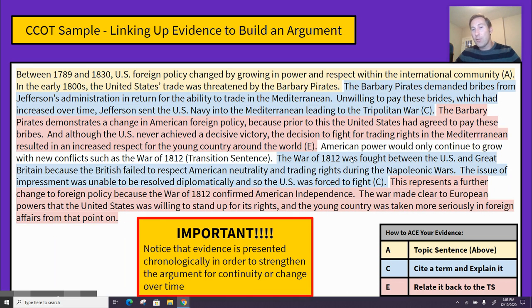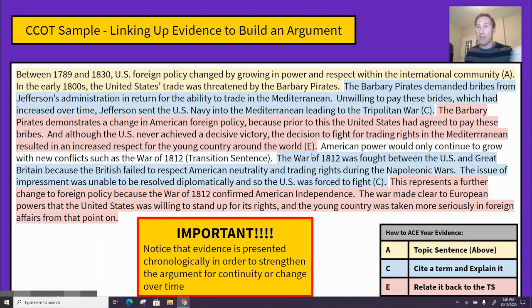So I like to use transitional sentences, so it's not abrupt. I finished the first citation, and then I'm going to transition to the next one by saying American power would only continue to grow with new conflicts such as the War of 1812. So it's growing more as time goes on. That furthers this idea of growing power, growing respect.